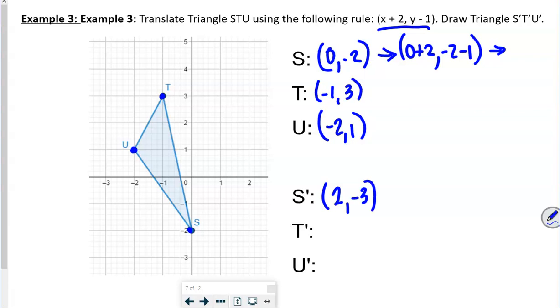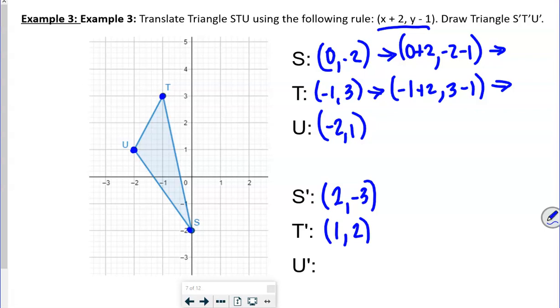It is. Okay, so now let's do the same thing with this one. So we're going to go -1 plus 2, 3 minus 1. Okay, remember that's what's going down here for our T prime. So what is -1 plus 2? Isn't that 1? And what is 3 minus 1? That's 2, right? So that one is 1, 2.